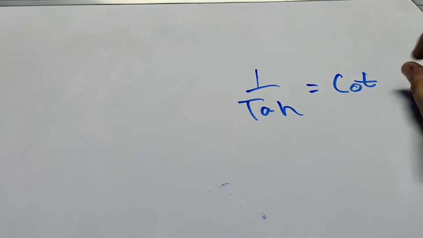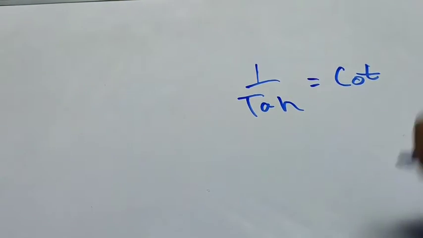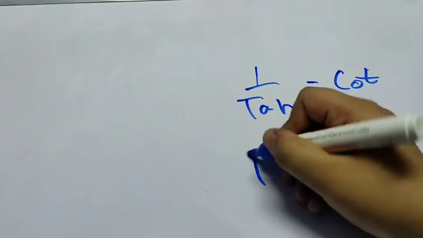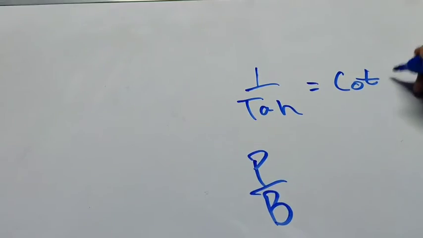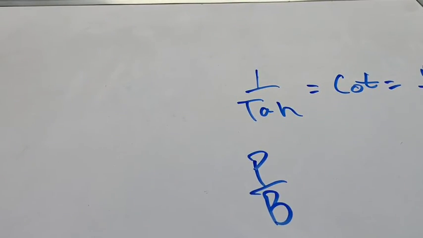And what did we know about tan? What was the formula for tan? It was perpendicular upon base. So cot will be base upon perpendicular. It's really easy.